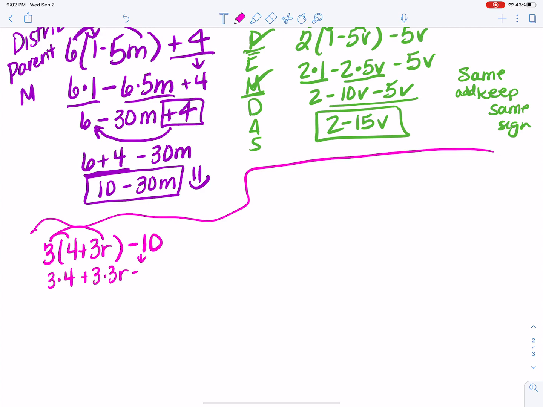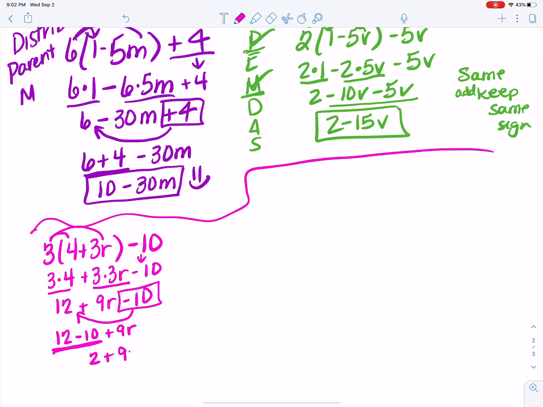Bring down this minus 10. Do your multiplication. 12 plus 9r minus 10. Going to move to combine like terms. 12 minus 10 plus 9r. Combine your like terms. 2 plus 9r.